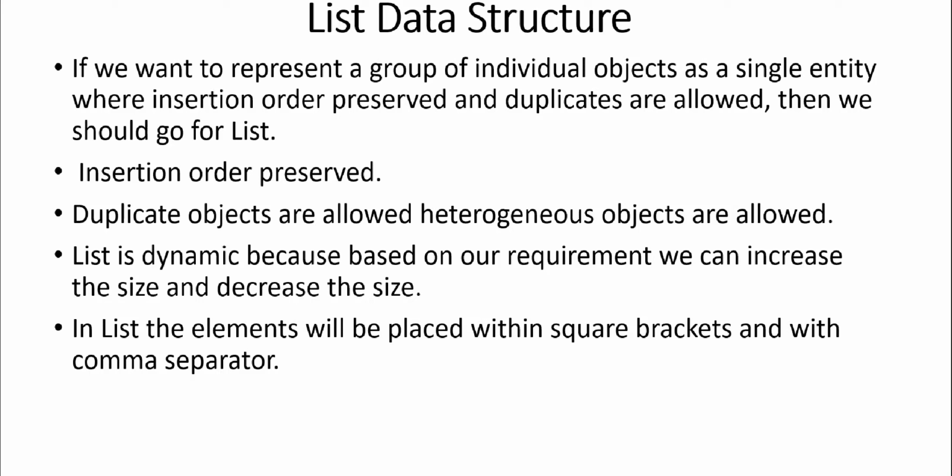A list is a data structure in which you can keep individual objects, you can preserve the insertion order, and you can have duplicate elements in the list.